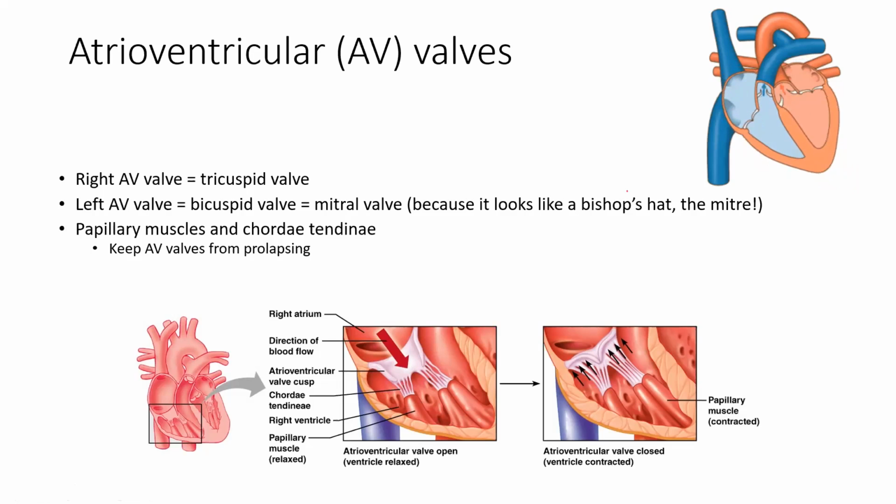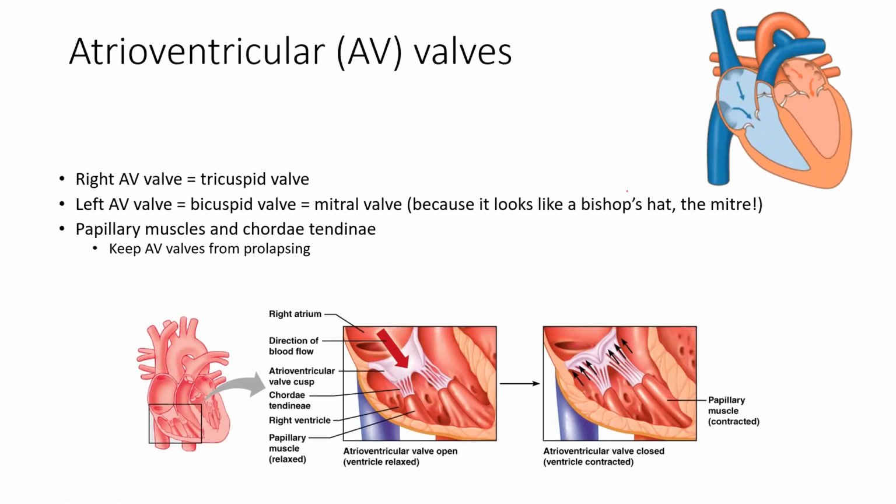And so what happens is when the chamber contracts, right, the blood would try to squeeze back through this valve, and to prevent that from happening, when the chamber contracts, these papillary muscles contract and they pull down on the chorda tendineae, pull down on the leaflets of the valve, and actually shut and anchor that valve tightly closed, okay?